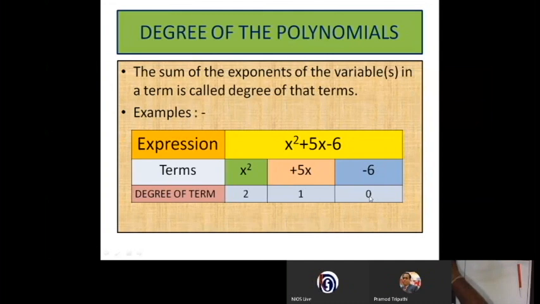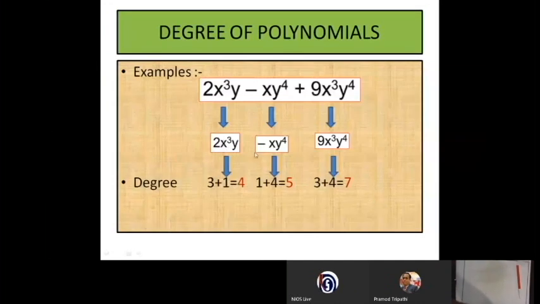Now we move to another example. It will make the degree more clear. You can see here one polynomial: 2x cube y minus x y raised to the power 4 plus 9x cube y raised to the power 4.